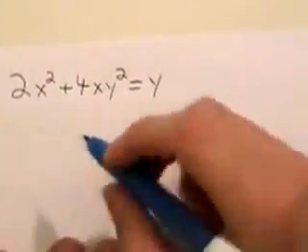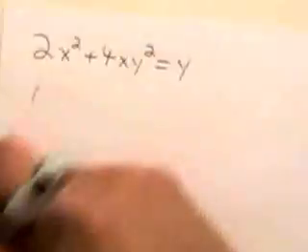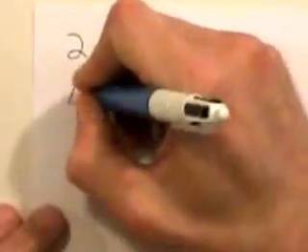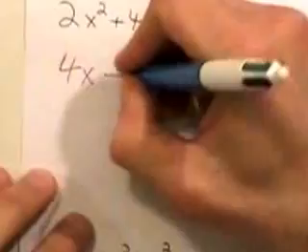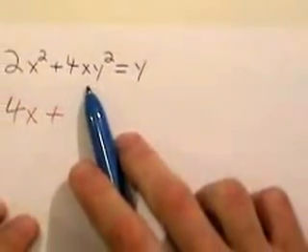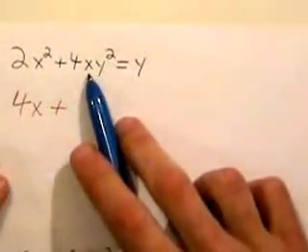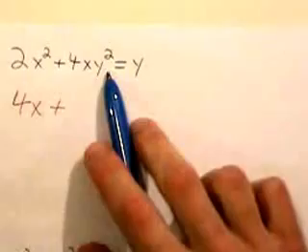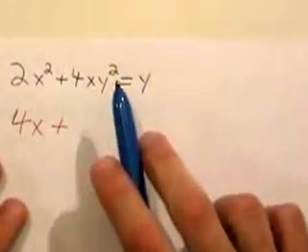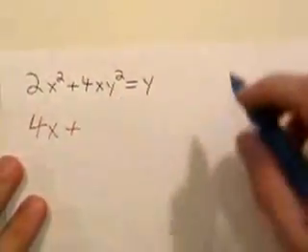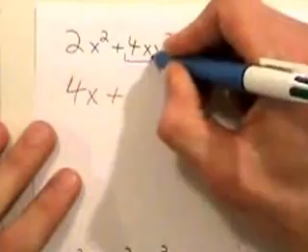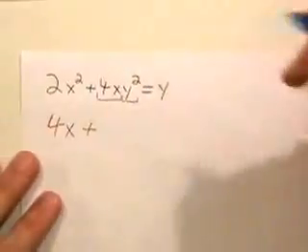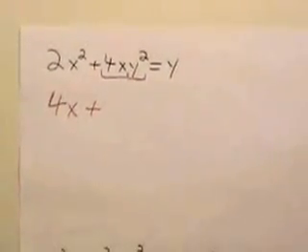So this first one is going to be just 4x. 4x plus, and what do you do here? Well, you have x times y squared, and we're considering y as a function of x, so we need to do the product rule here. I'll call this one f, and I'll call that one g, and I'll work the product rule on it.